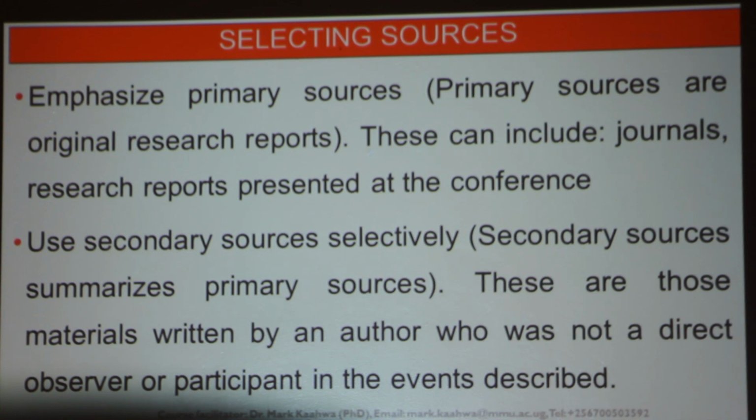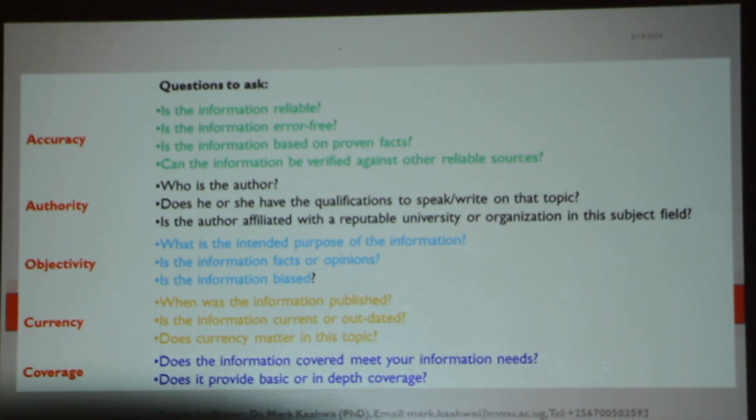But you can also use secondary sources, which summarize the primary source. These are materials written by an author who was not a direct observer or a participant in the events described. We shall look at the primary sources and the secondary sources in depth.